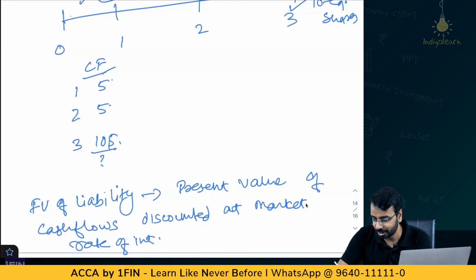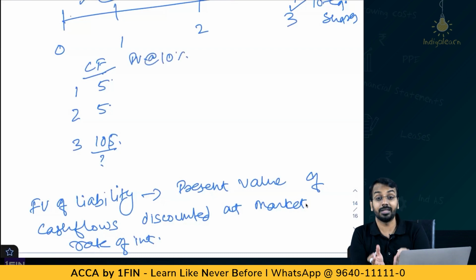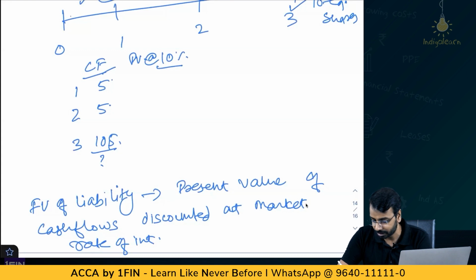Let us say market rate of interest is 10%. So if I just borrow money or if I just invest money, I will get 10%. So what we need to do is discount this 5, 5, and 105 using 10% and arrive at the present value.